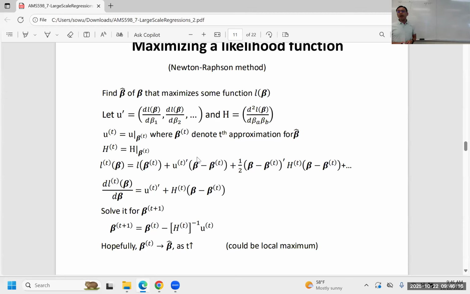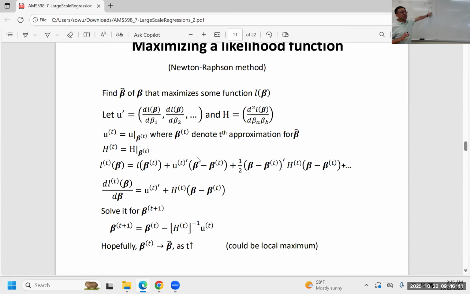The way to maximize using Newton-Raphson is to assume you're starting from some point, some estimate beta_t.